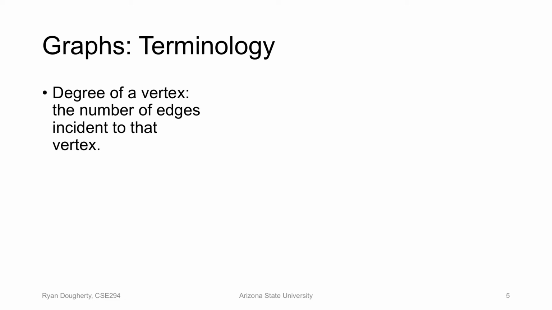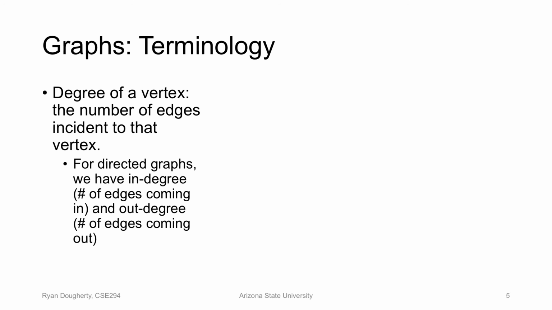What we talk about there is the degree of those vertices. Since one edge is touching each of those vertices, the degree of each is exactly 1. They only have one edge. But in general, the degree of any vertex is the number of edges that touch it.